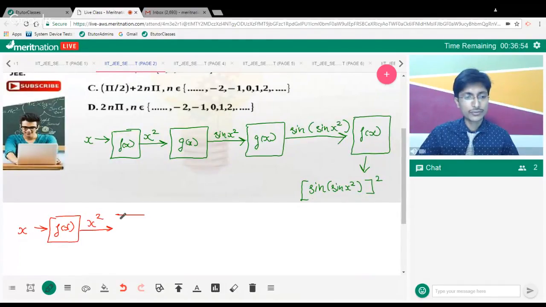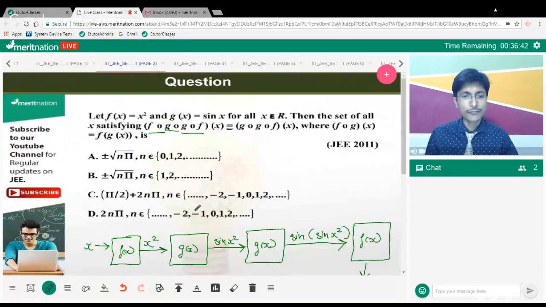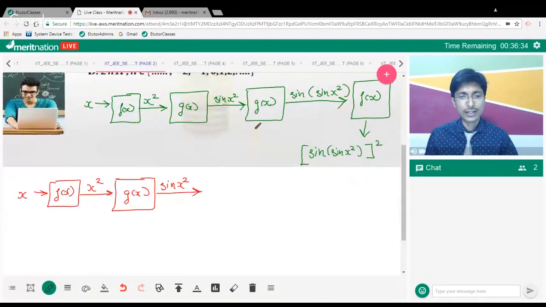Then we have g(x), so this will be again sine of x square. Then we have one more g with us. See, f we have done, g, and then one more g. So again, we will be sending it back to g(x).